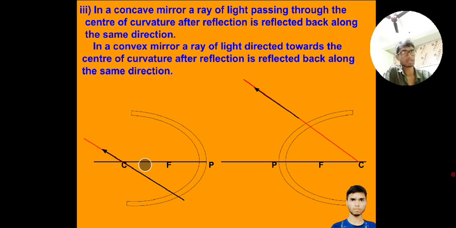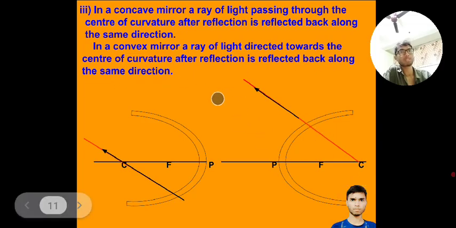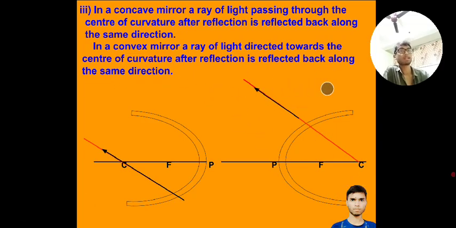Same in a convex mirror: a ray of light directed towards the center of curvature, after reflection, is reflected back along the same direction, the same direction as it was going to hit the surface of the convex mirror.